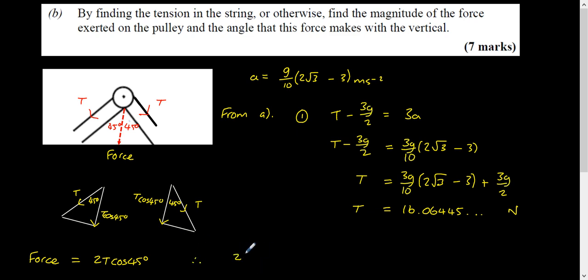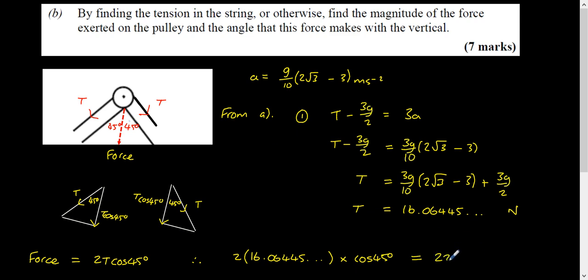We've got 2 times the tension, which is our 16.06445, multiplied by cos 45. So we'll leave that 16.06445 in the calculator, we'll multiply it by 2, we'll make sure our calculator is in degrees, and we'll multiply by cos 45.